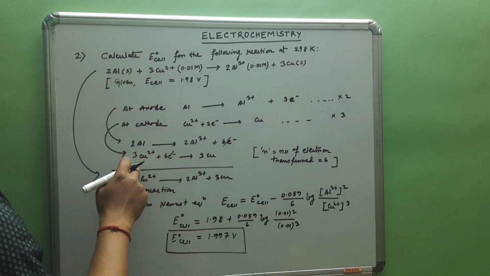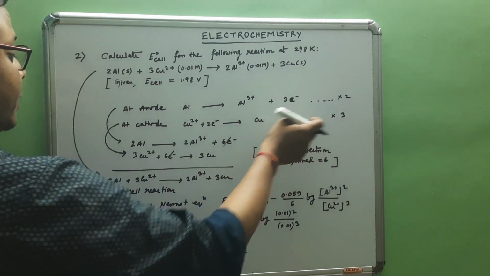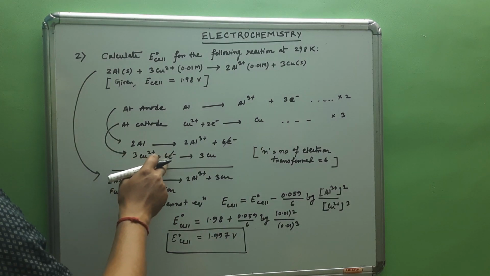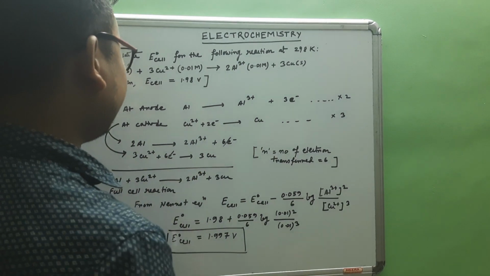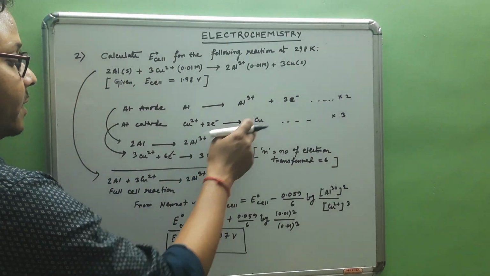The cathode part becomes 3Cu double plus plus 6 electrons to 3Cu.